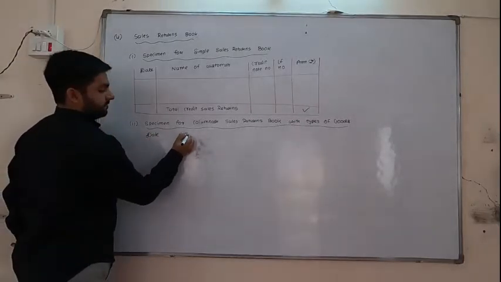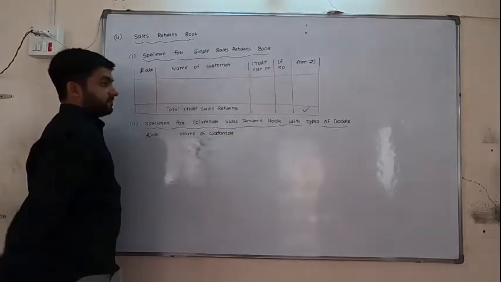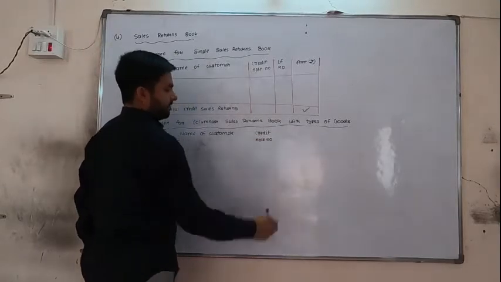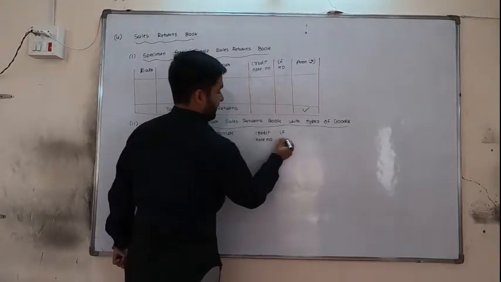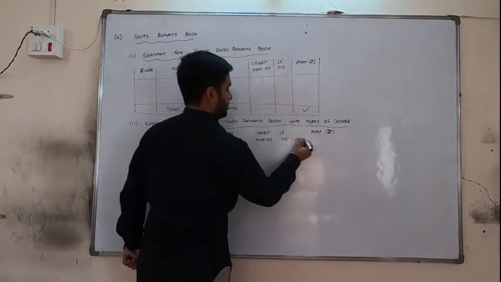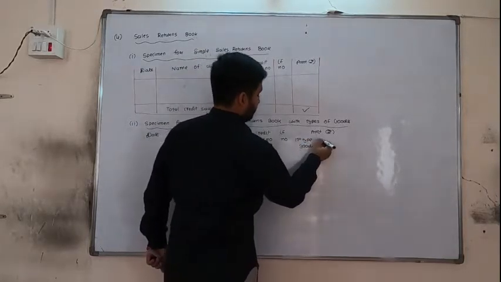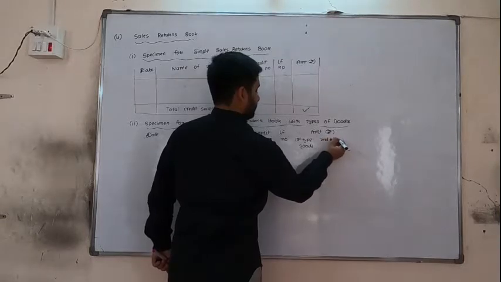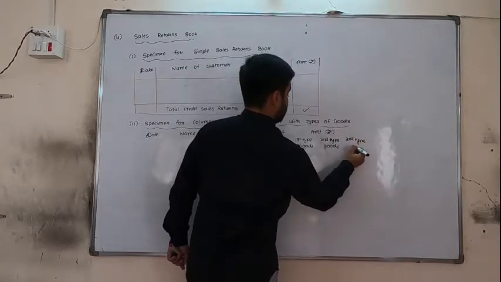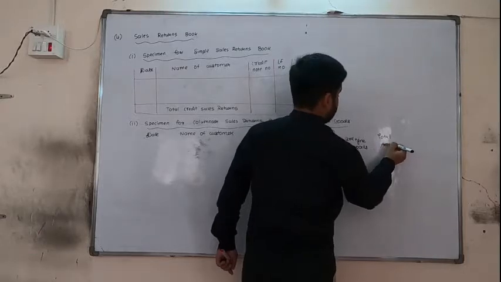Date, name of customer, credit note number, LF number, amount in rupees. First type goods, second type goods, third type goods, total amount in rupees.